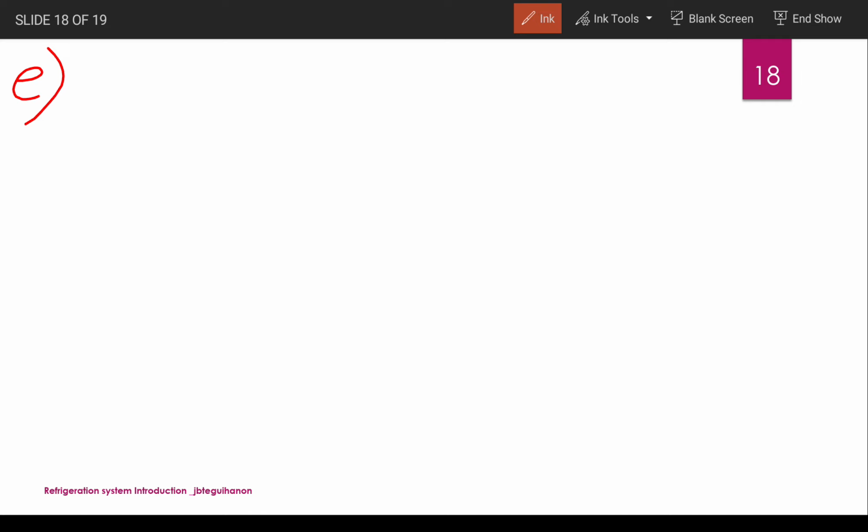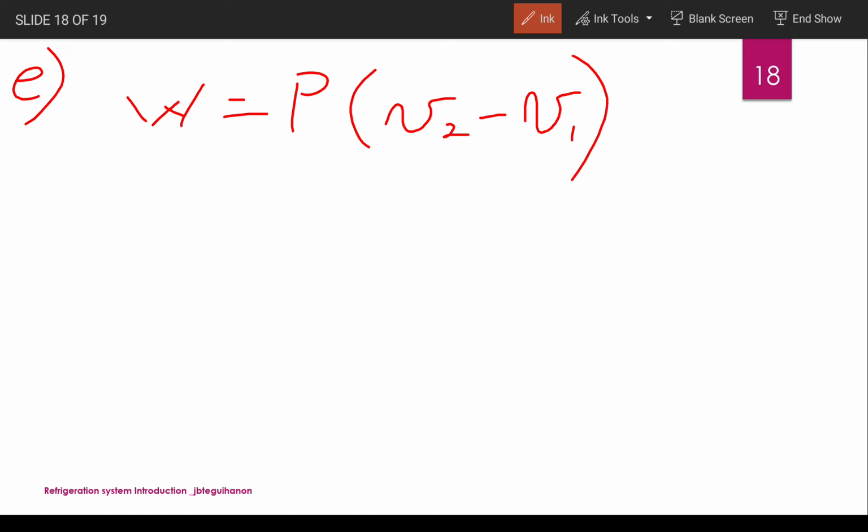So our work is equal to pressure times change of volume. But we don't have volume on the table, so we express it with specific volume 2 minus specific volume 1, times mass. Specific volume times mass is volume.